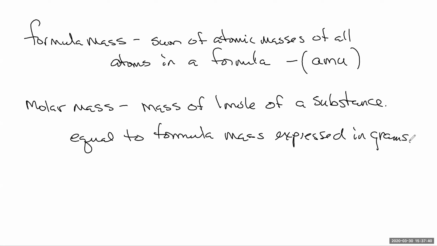So these are 2 definitions. One, if you're going to forget, is formula mass, but do not forget molar mass, because we're going to need it extensively. So first, let's just do a couple of sample calculations.